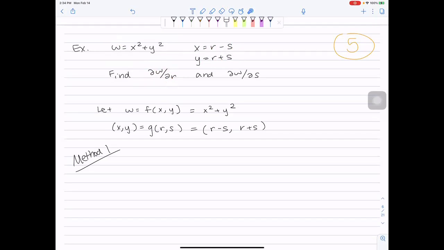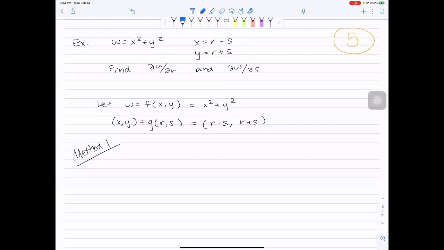Well, we notice that w is in terms of x and y, and x and y are in terms of r and s. The first method you could do, say we didn't know about the classical chain rule, is to just multiply everything out and find the answer.